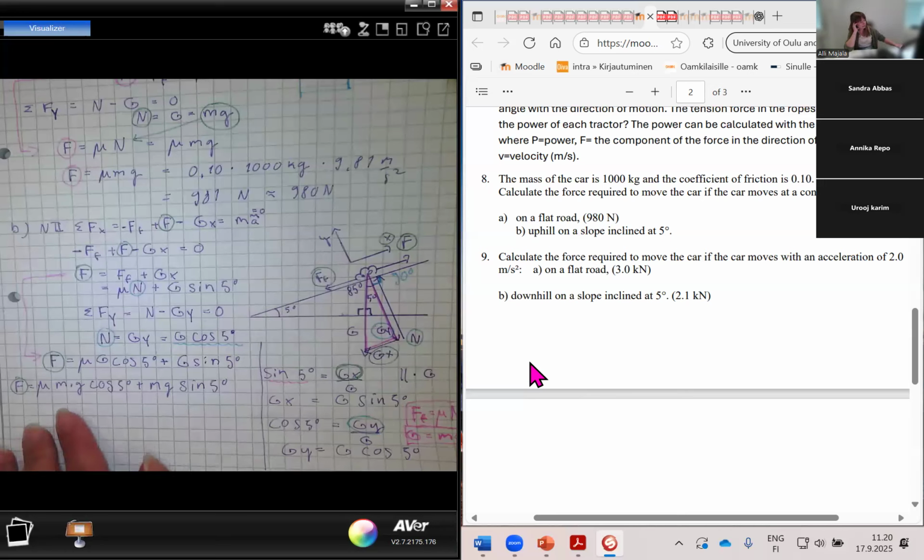Here it was 0.1. And then I know the mass, that was 1,000 kilos. I know the little g here, that was 9.81. I know the angle. So I can just put everything there into this long equation.